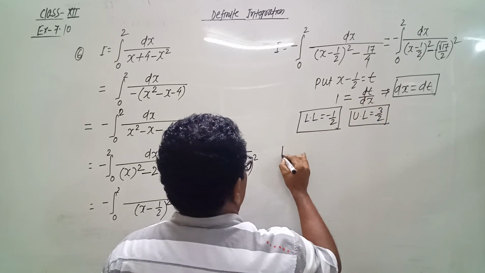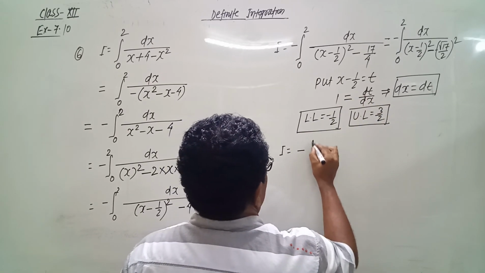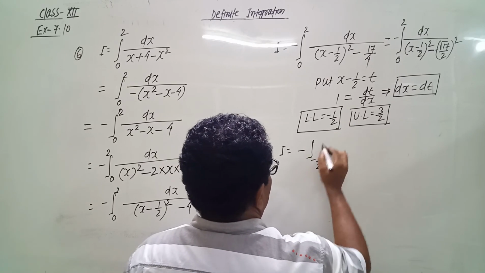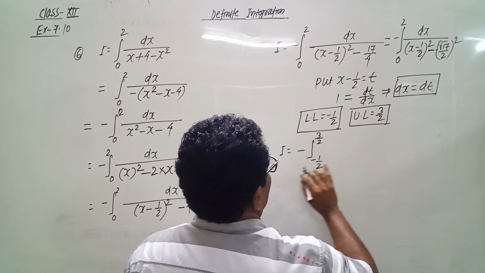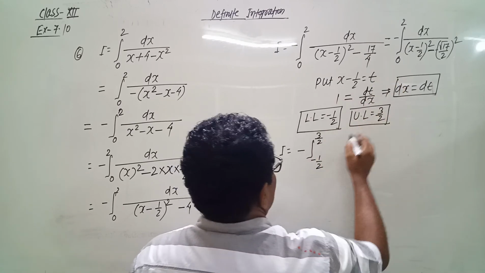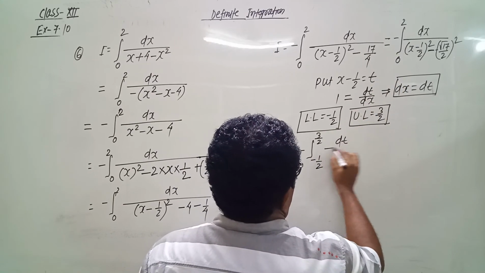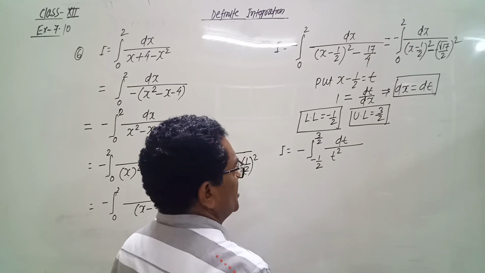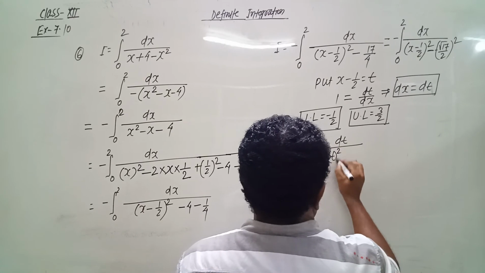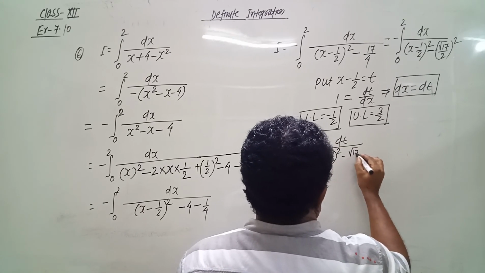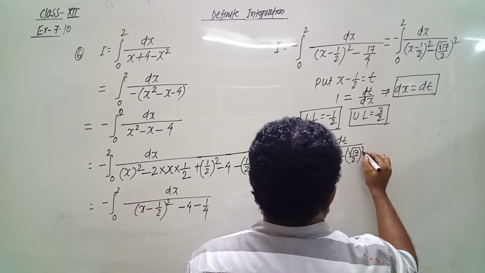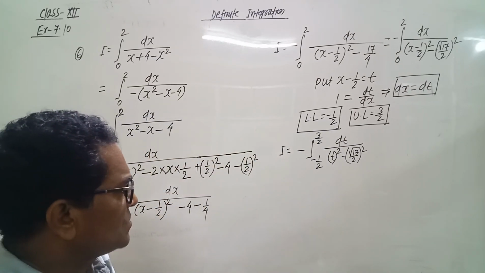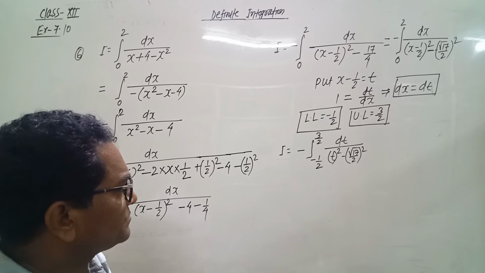Now I equals to minus integration, lower limit minus 1 by 2, upper limit 3 by 2, and dx is written as dt upon x minus 1 by 2, means t the whole square, and root 17 by 2 the whole square. So this is the form dx upon x square minus a square.